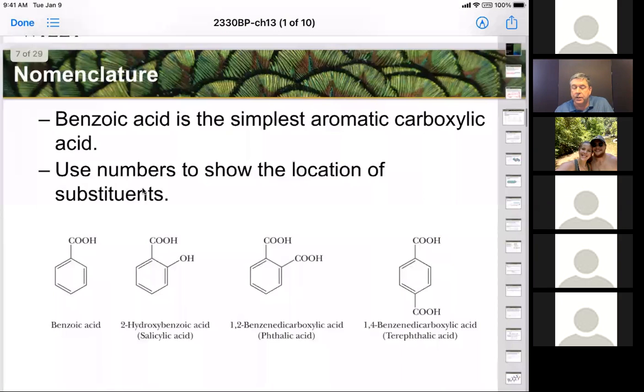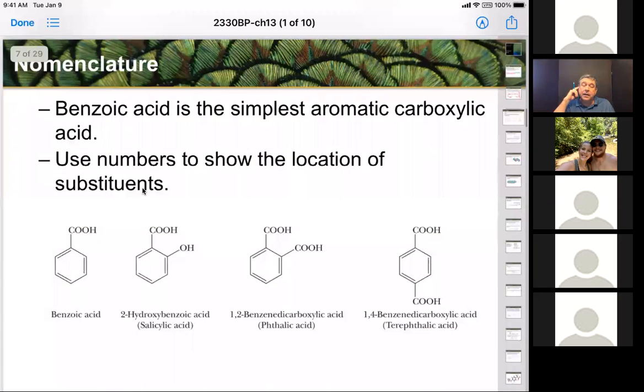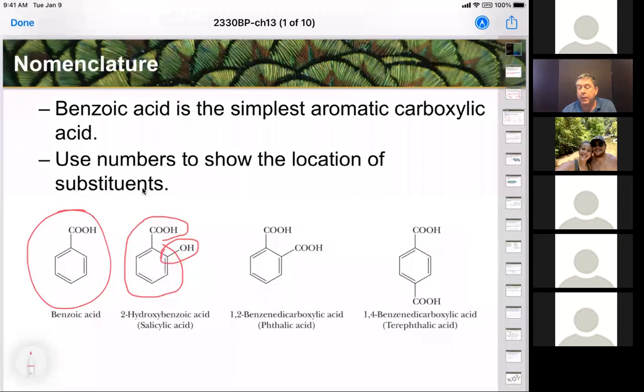All right, so here's the benzoic acids. We talked about benzoic acid itself in the benzene chapter here. And when we have that benzene, it names the compounds. So this would be hydroxybenzoic acid because that hydroxy is a substituent here. But when we have 2 of them on here, I told you that was phthalic acid, okay?